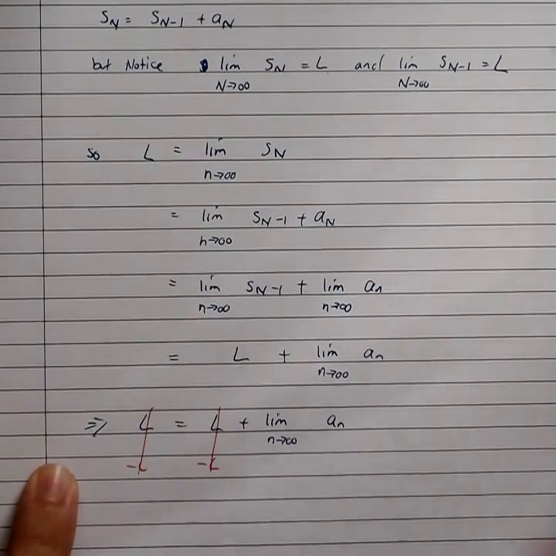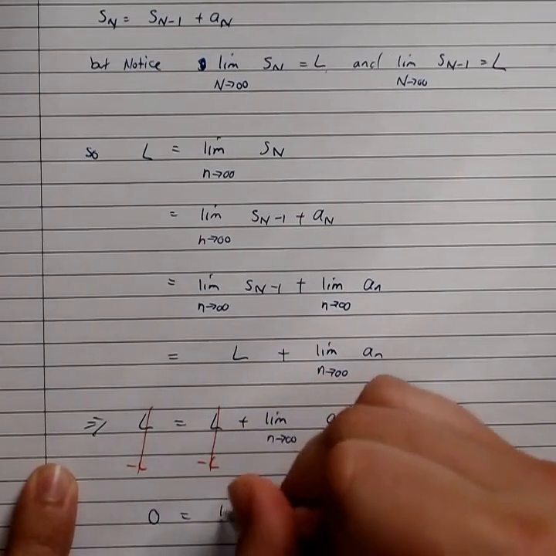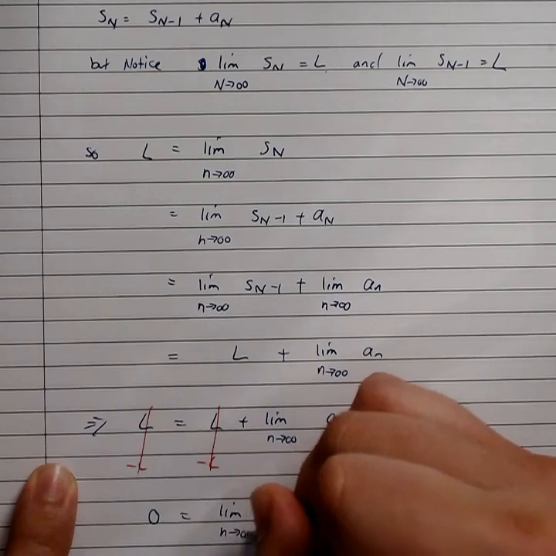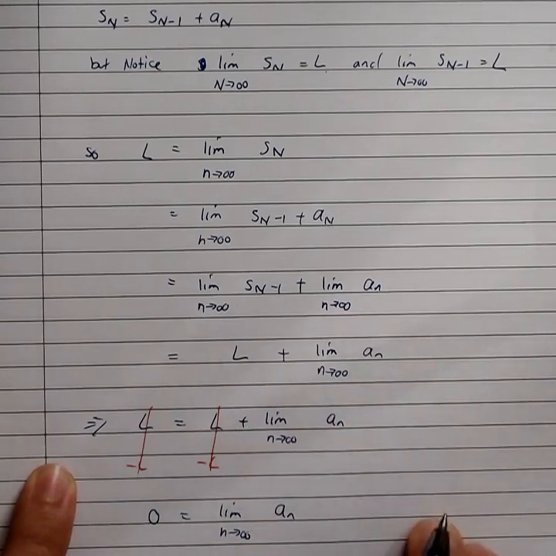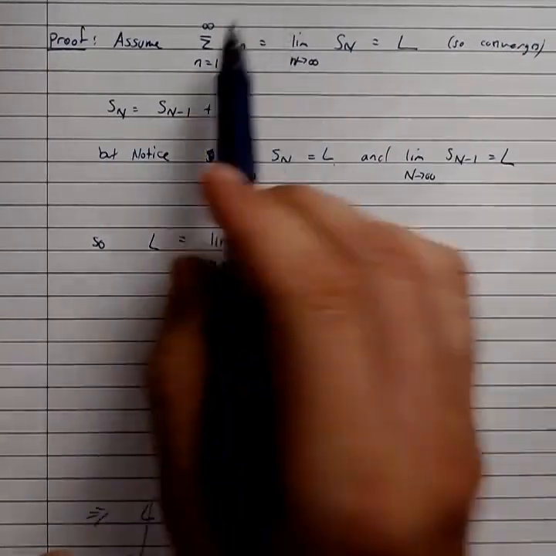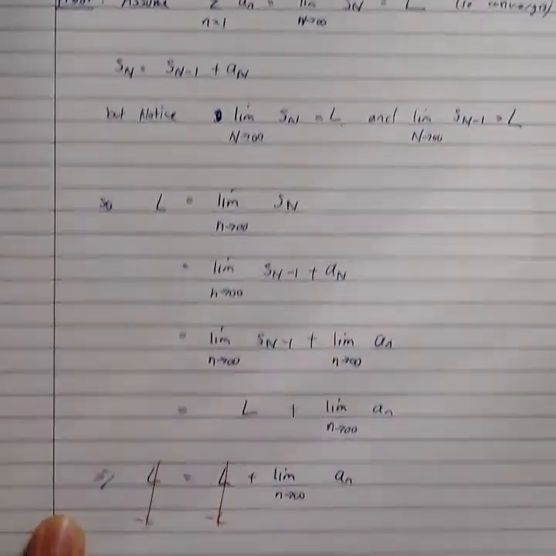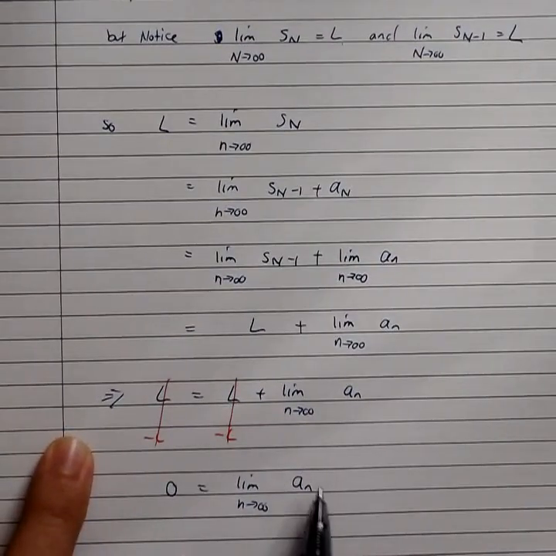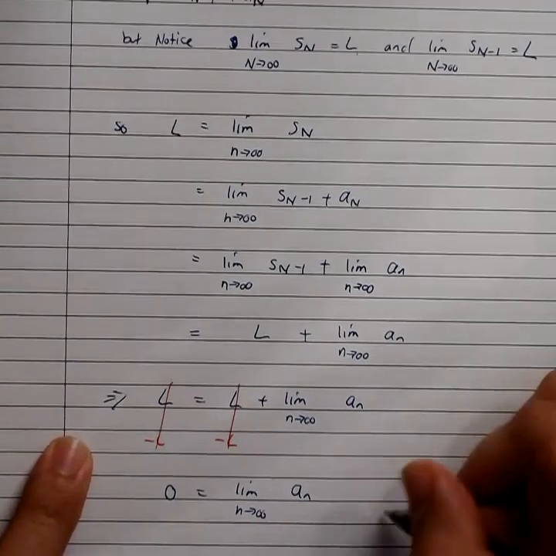Both of those drop to 0, and I'm left with 0 is equal to the limit as n approaches infinity of a sub n. So that confirms that if you assume that a series converges, then it must be that the nth term eventually goes to 0. And that concludes our proof.